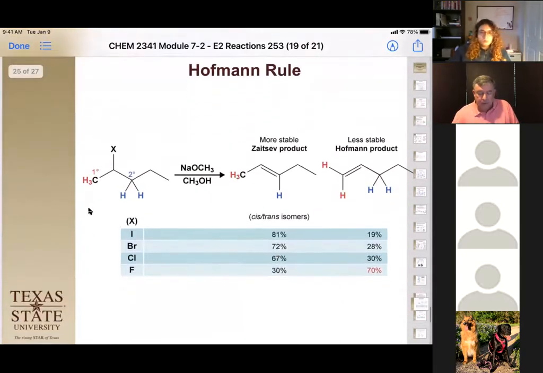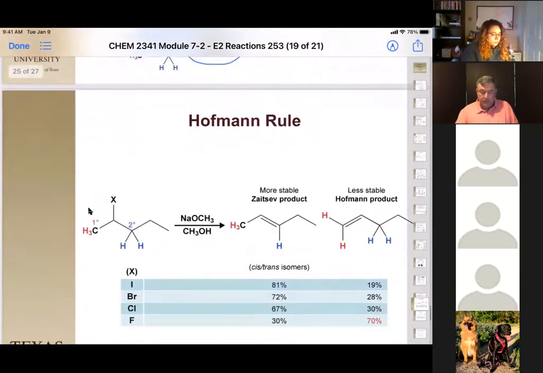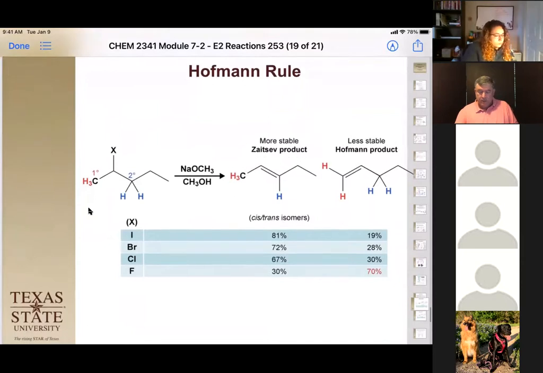Okay, so an example of how this would work: it's also a function of how big something is, or how good your leaving group might be.